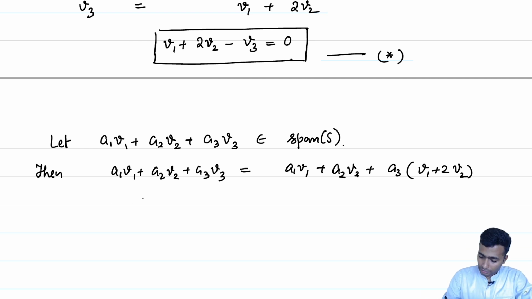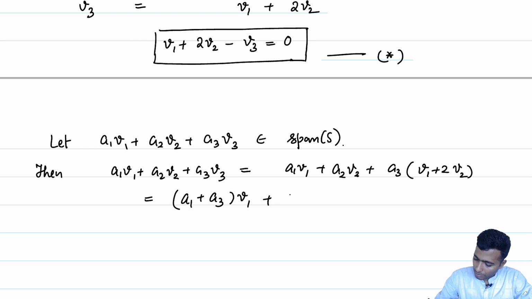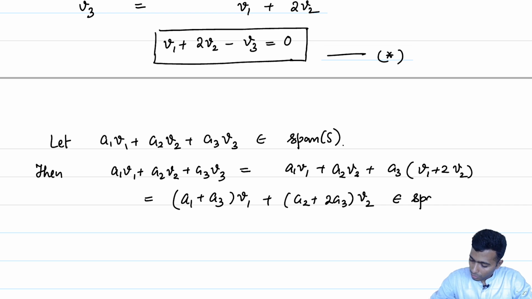This is nothing but A1 plus A3 times V1 plus A2 plus 2 A3 times V2, which is an element of the span of the set V1, V2.